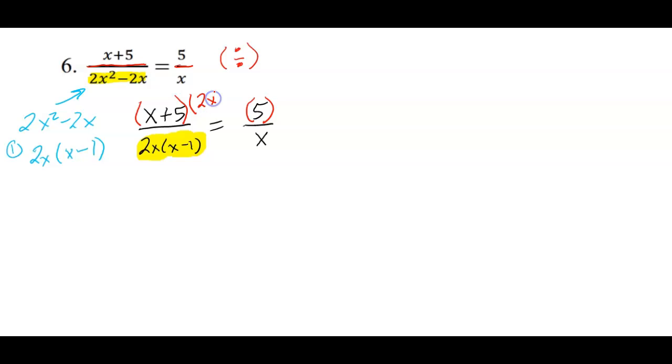So 2x times x minus 1 on the first fraction on the left, and 2x times x minus 1 on the second fraction on the right. On the first fraction, since I multiplied by the actual denominator, 2x times x minus 1 divides out, leaving me with the quantity x plus 5.